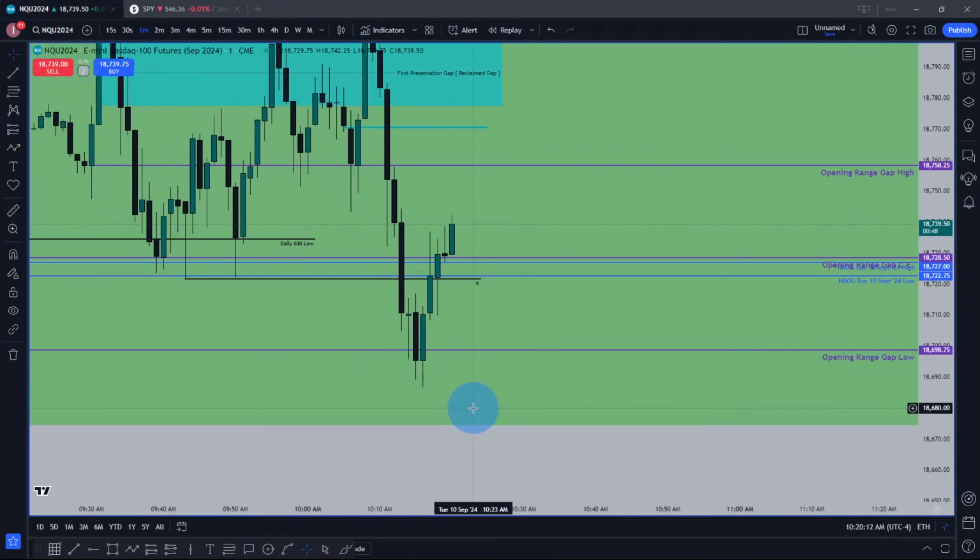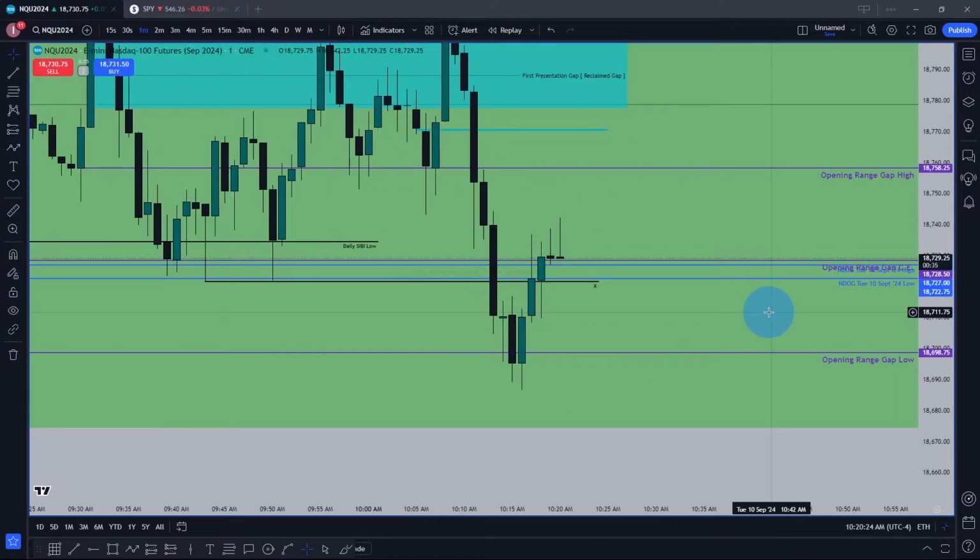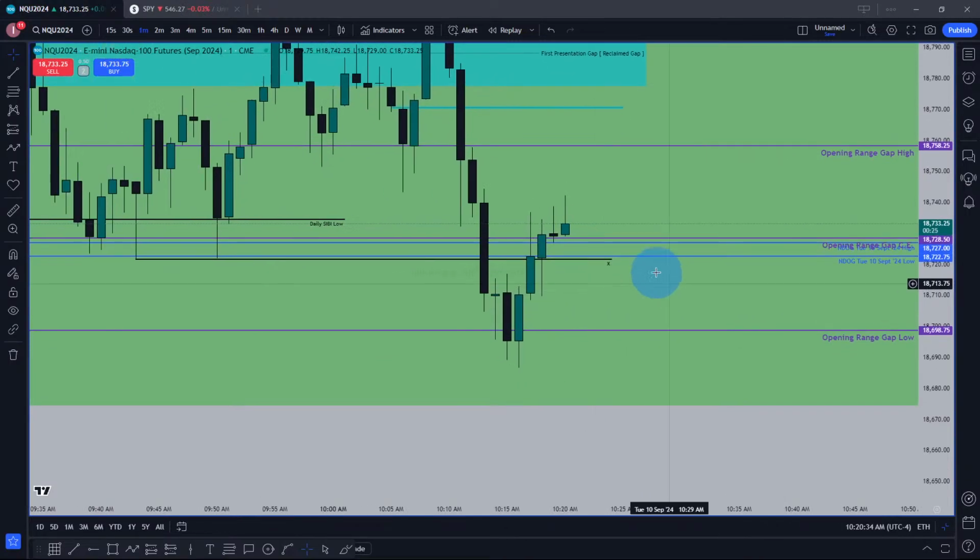The reason that I like it is because it's very fractal. Honestly, it takes some experience, some reading of price. So look, pay attention here, the same idea I was talking about. We have a fair value gap here, and a nested high inside it. If you were looking to be bearish, let's say you have the 15-second chart.